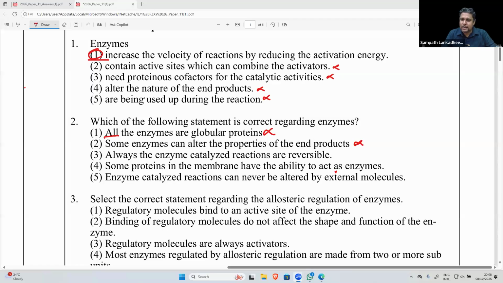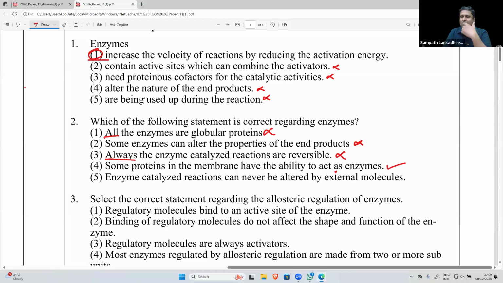Right, statement 3: always, enzyme catalyzed reactions are reversible. What do you say about that? Not always, so it's wrong. Some proteins in the membrane have the ability to act as enzymes. Yes, that's correct.